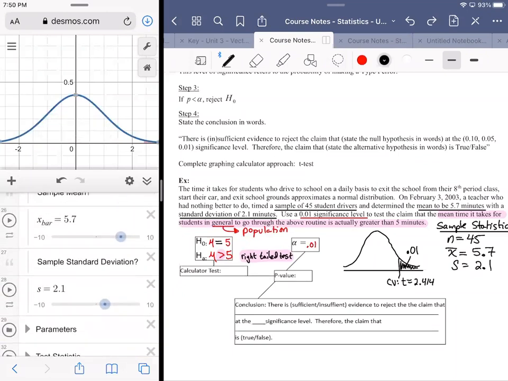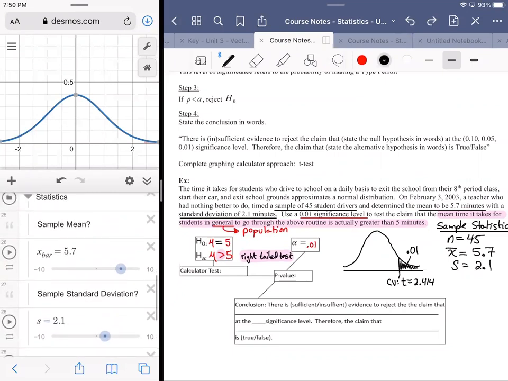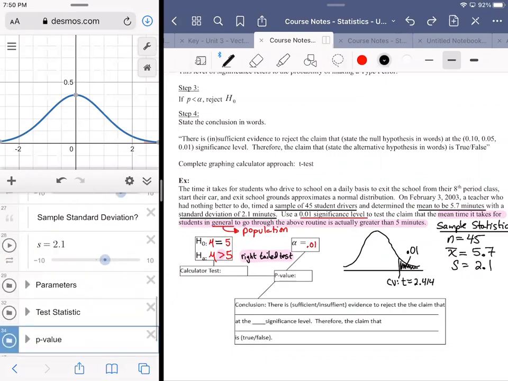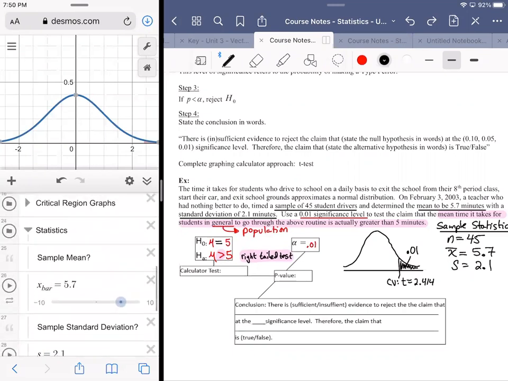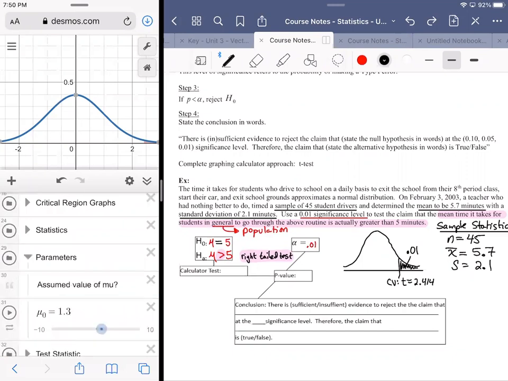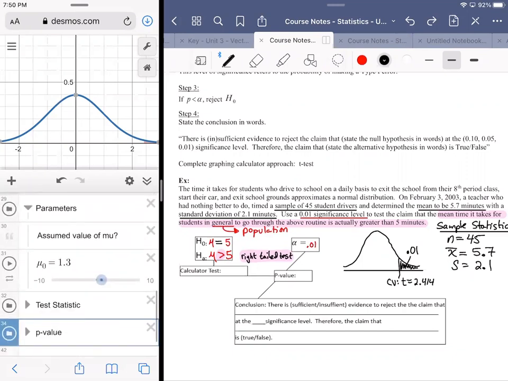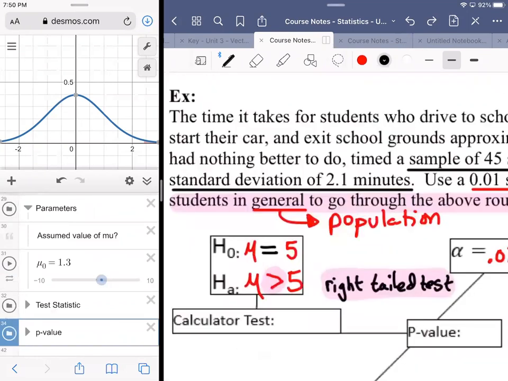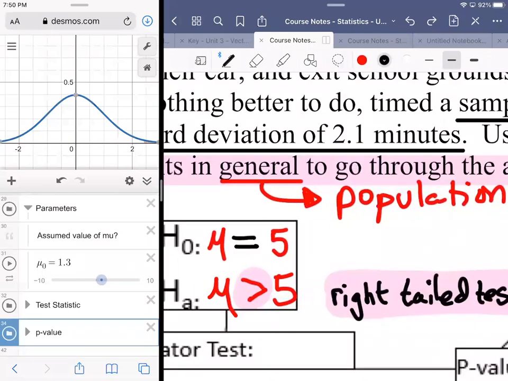So I have my sample mean and my sample standard deviation typed in correctly. Now I don't want to accidentally screw anything up, so once I have those in correctly, close the folder. Now parameters, there's only one parameter, right? The assumed value of mu. The assumed value of mu is whatever you put into the null hypothesis.